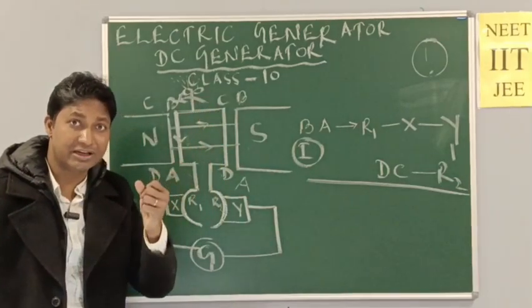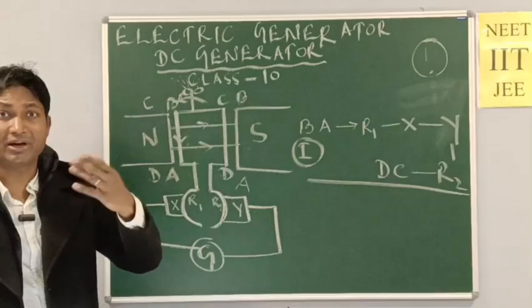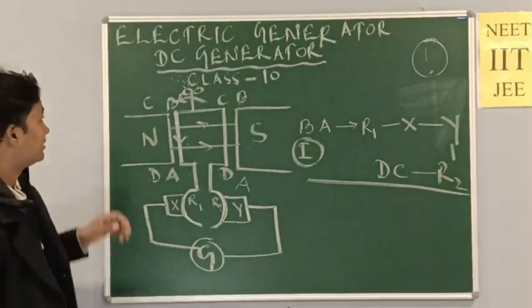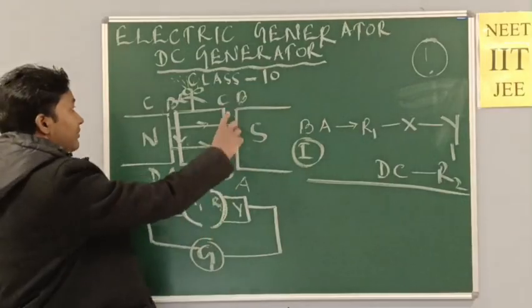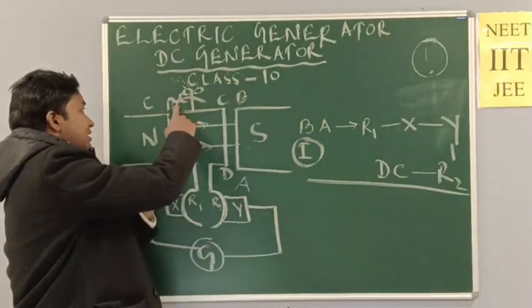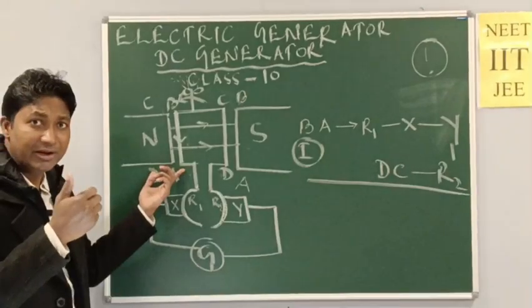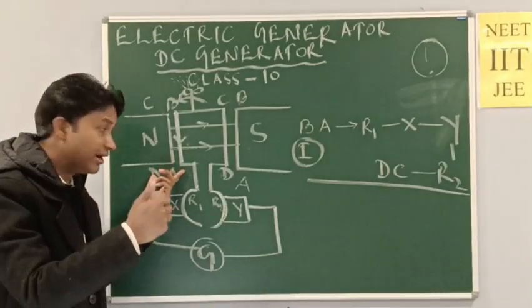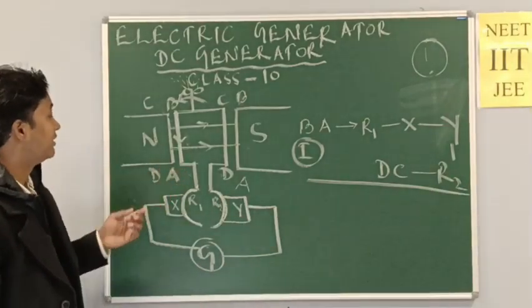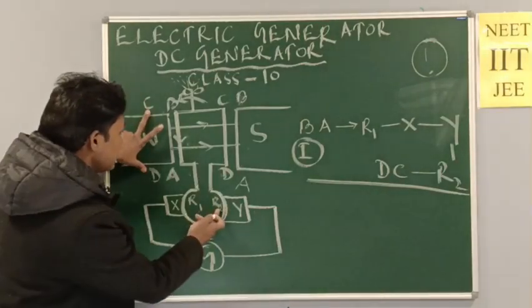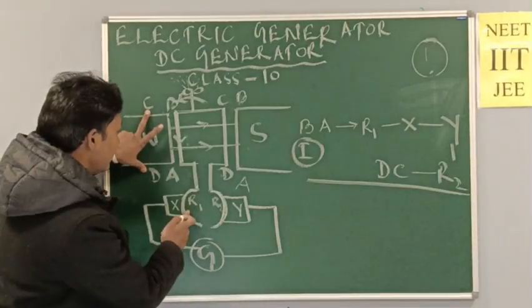In that condition, again we should apply Fleming's right hand rule. Then what will we get? If CD comes in the place of AB, what happened? Again we apply Fleming's right hand rule. See here, CD also will come in the place of R1.